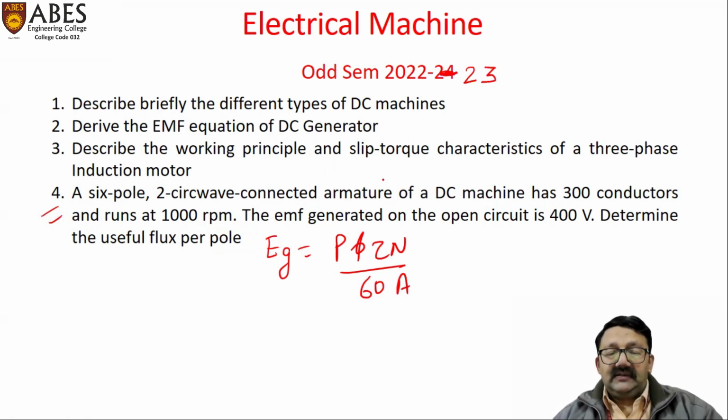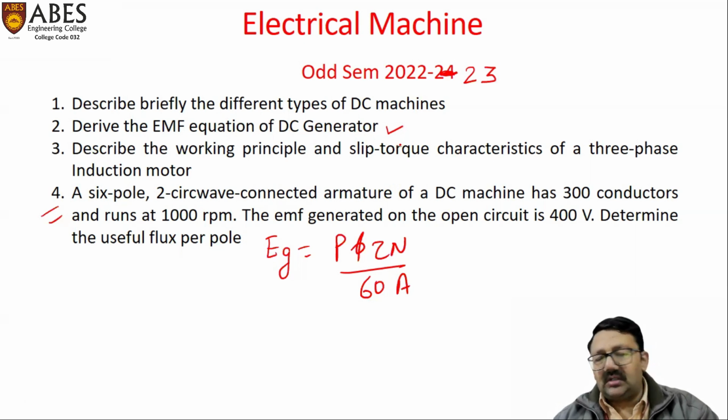So while discussing these papers, we can clearly conclude that some questions are very frequently asked in examinations, and we can list those topics. As far as DC machines are concerned, the important ones are first the EMF equation of DC generator, then the expression of torque, then the classification of DC machines.